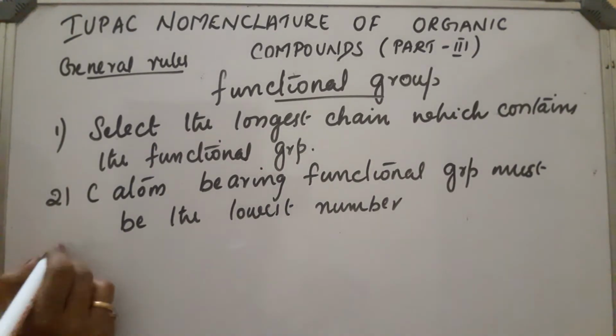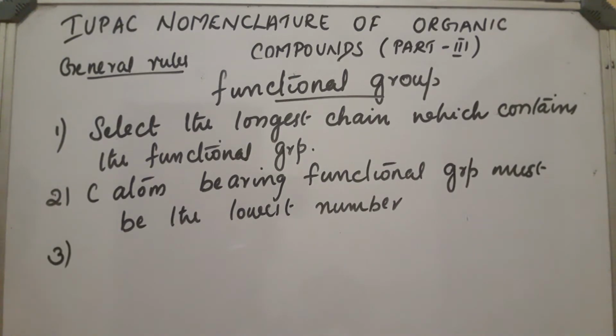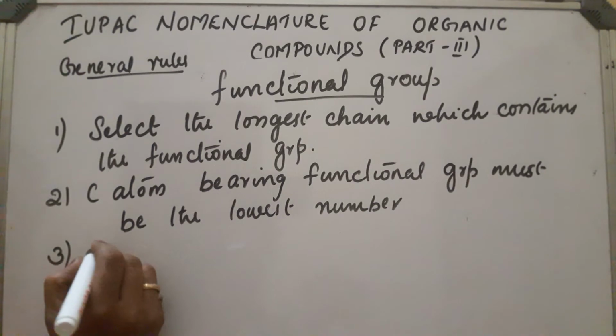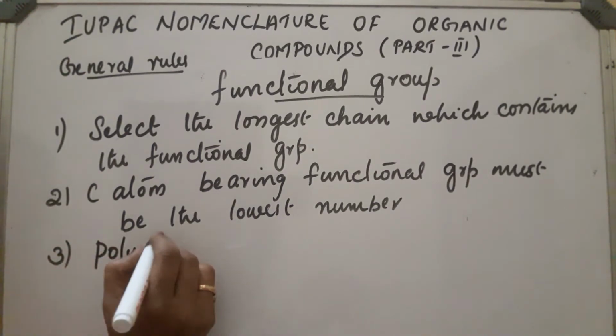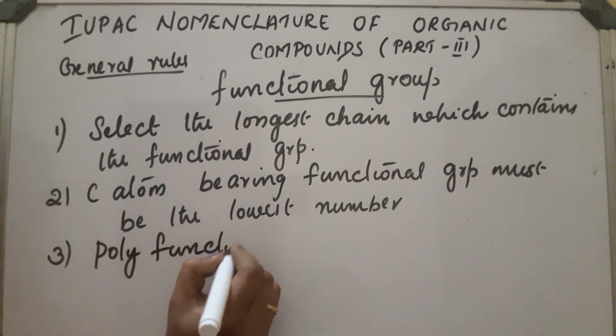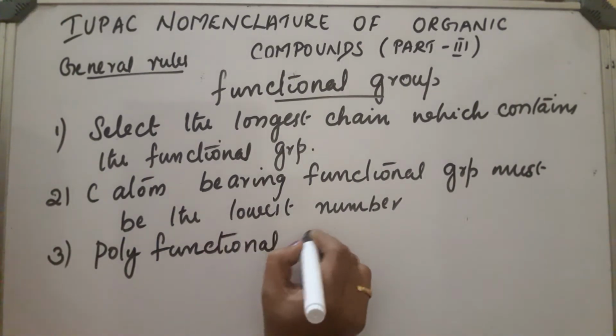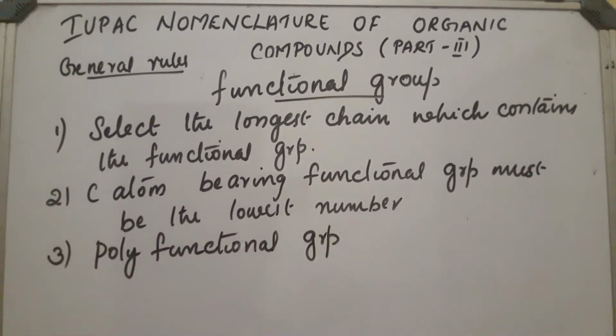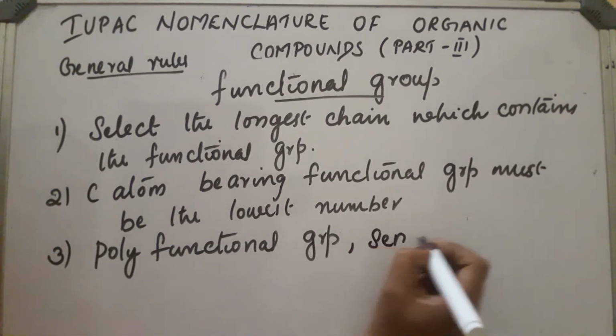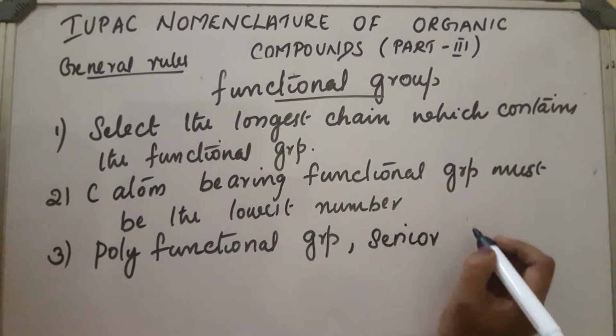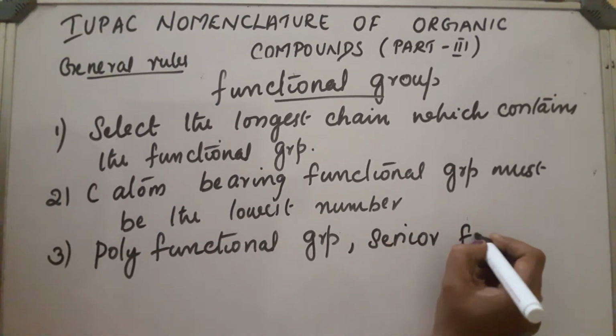Next, the third point: if a compound contains more than one functional group, that is a polyfunctional compound, in such cases the senior functional group will be the principal functional group, the preferred one.